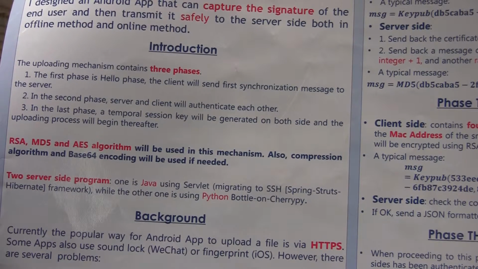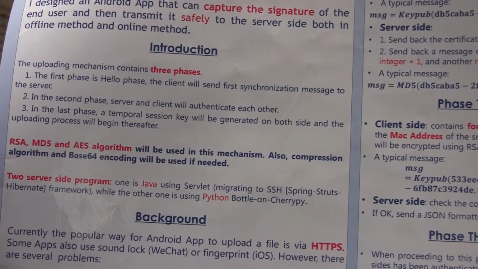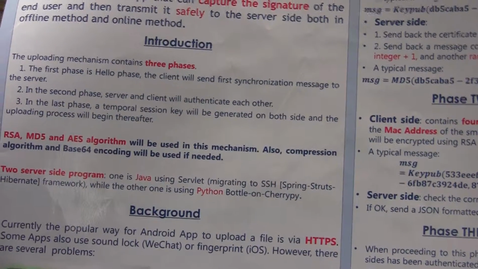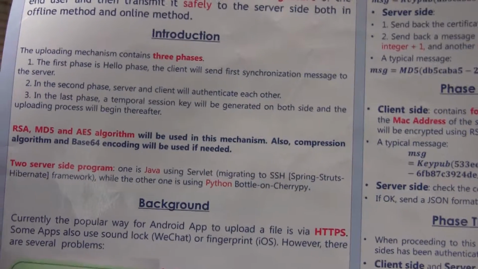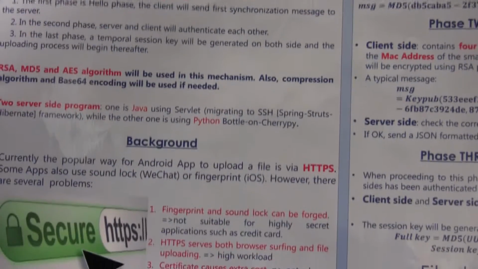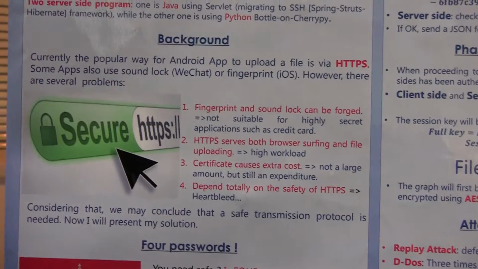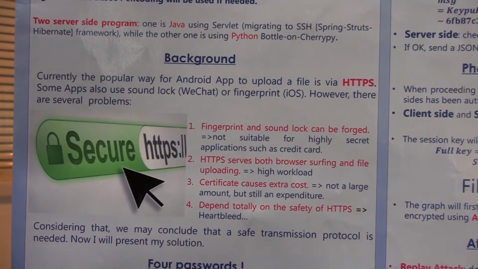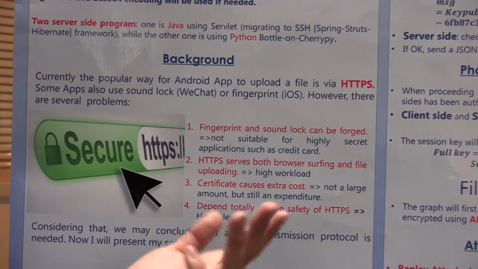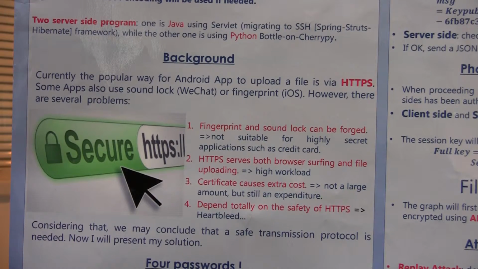So currently, the most popular way for an Android app to upload an image is via HTTPS. The Android app just shows you a web view, and the data will be encapsulated in an HTTP request and sent to the server and further processed by the web server.